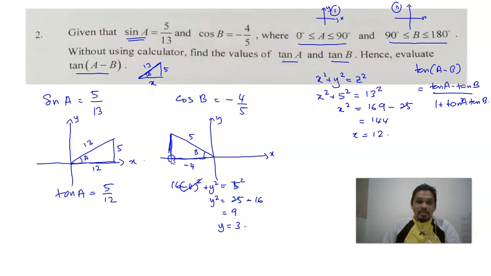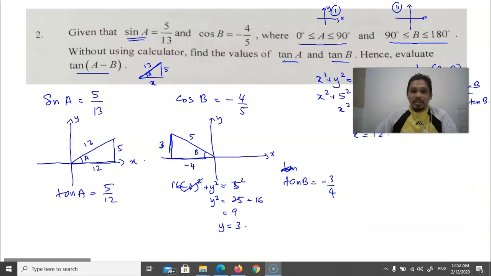So this side, the height, is 3. Okay, so now tangent B equal to opposite divided by adjacent, which is -3/4.